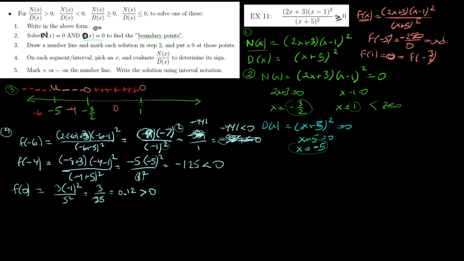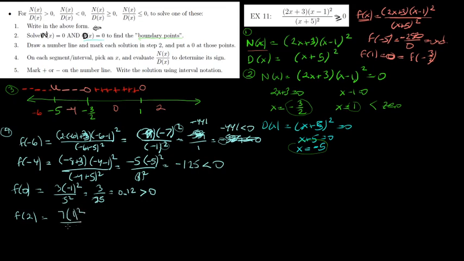Okay, all right, now we pick a number bigger than 1. So how about 2? Right? Just keep it simple, right? There's no reason to plug in 793 just because it's bigger than 1, right? Keep it simple, and we'll just plug in 2 into the original function. So we get, oh no, okay, I think I did that right. 2 times 2 is 4. 4 plus 3 is 7. And then 2 minus 1 is 1. 1 squared is 1.